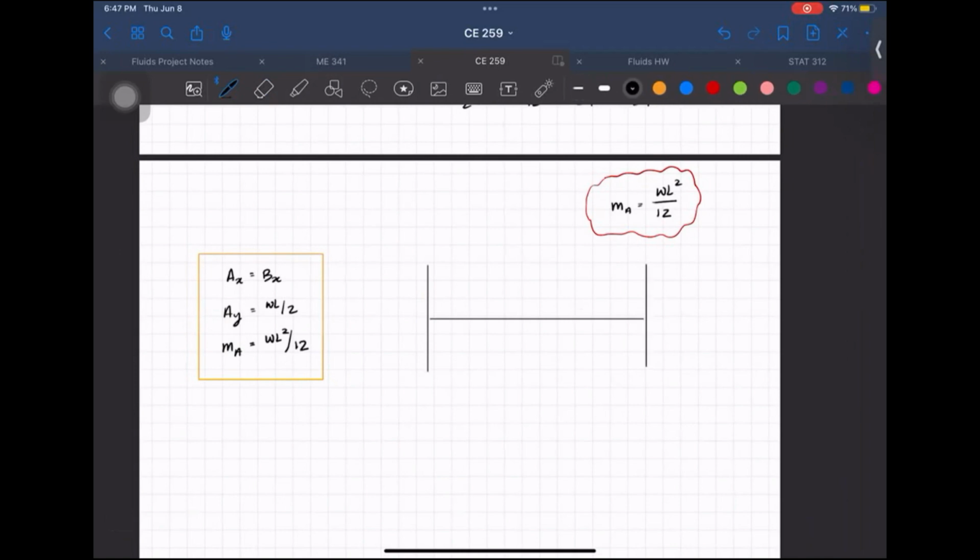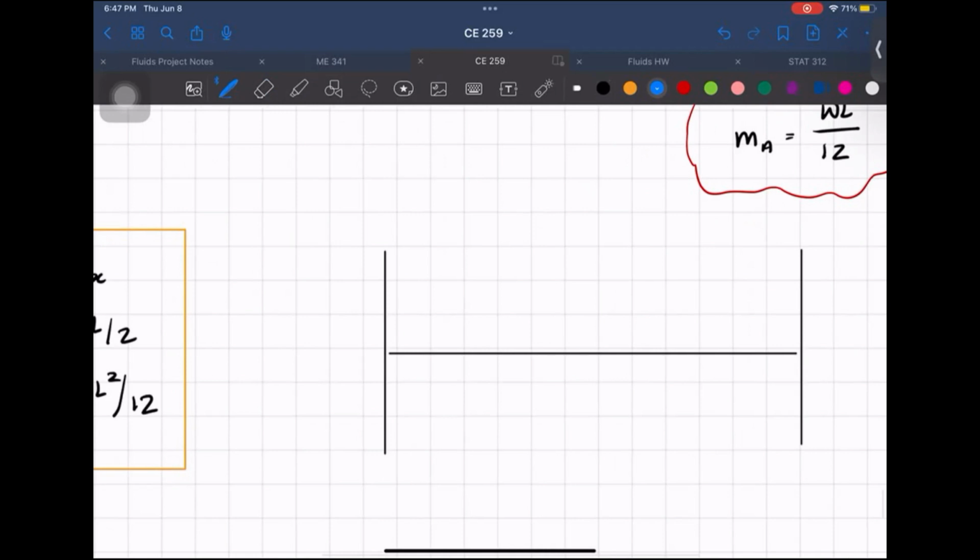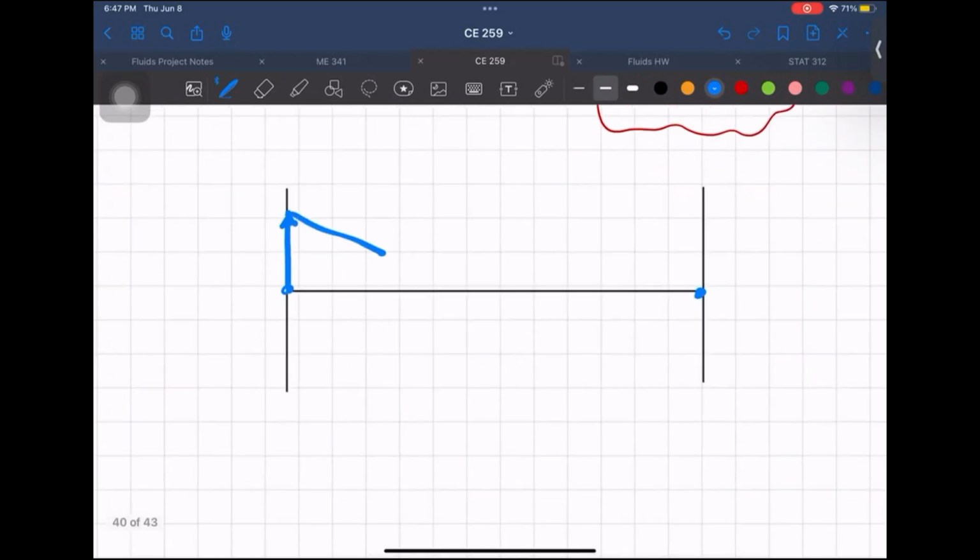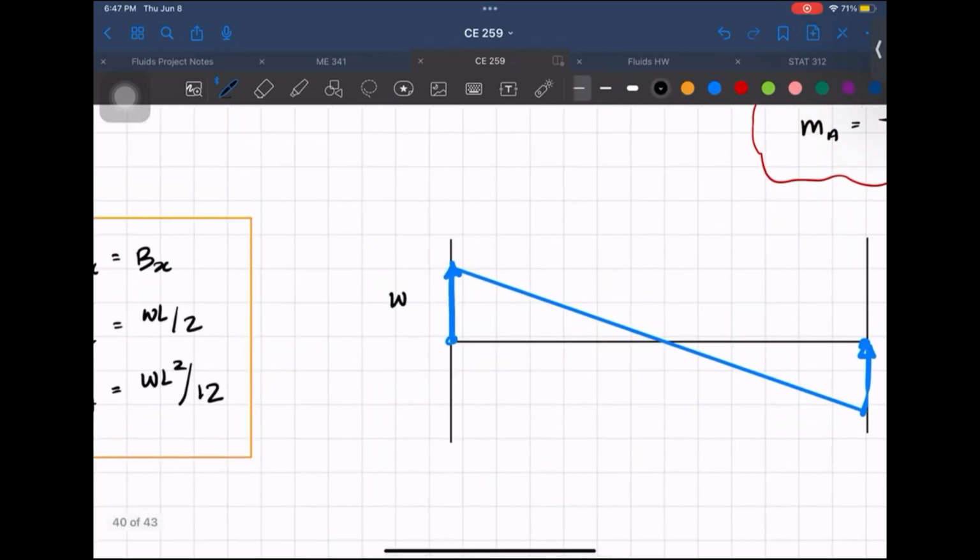So first of all, the shear diagram would look something like this. It would go up by a magnitude of WL over 2.